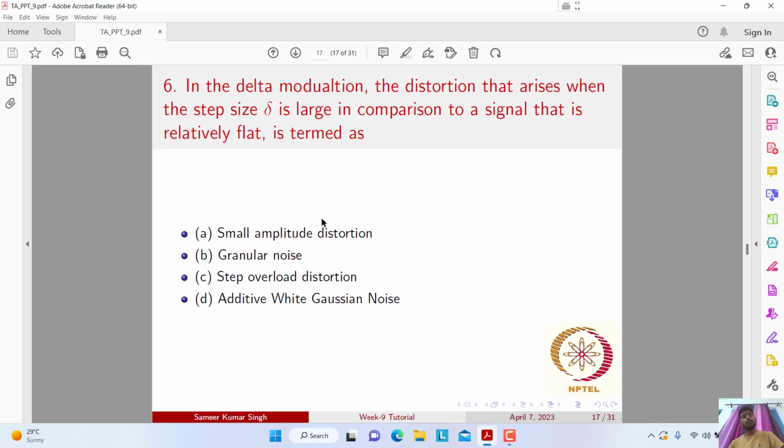First option is small amplitude distortion and granular noise, then slope overload distortion, and then additive white Gaussian noise.